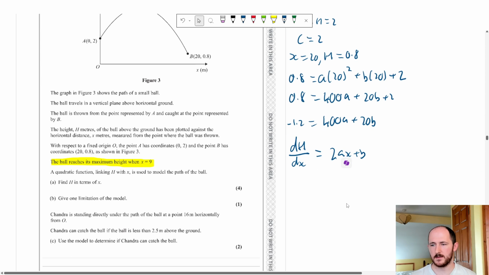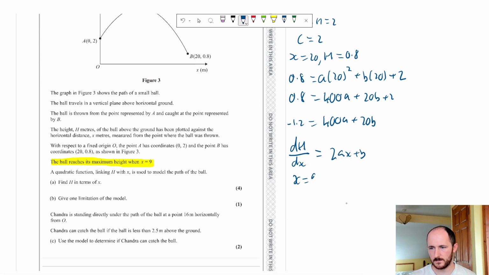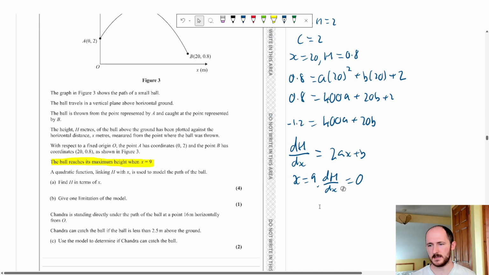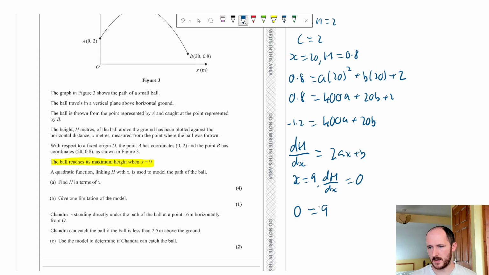So that means when x equals 9, dh by dx equals 0. So in fact, we couldn't use completing the squared form anyway because we don't know what the maximum value is, although we could work it out, I suppose. So we get 0 equals 9, nope, 18a, because don't forget it's 2 times x, plus b.